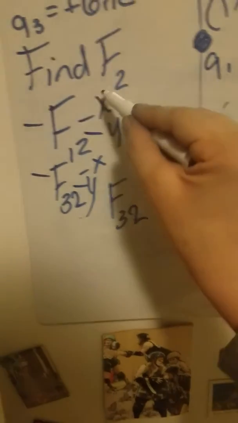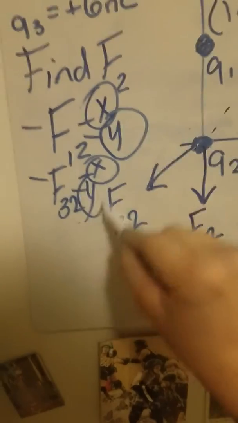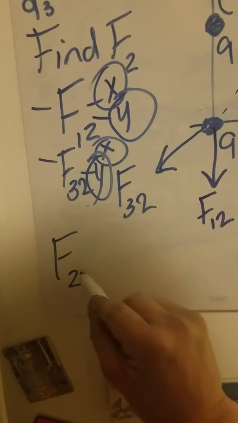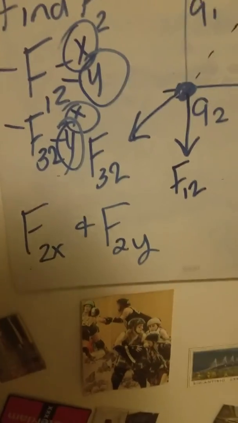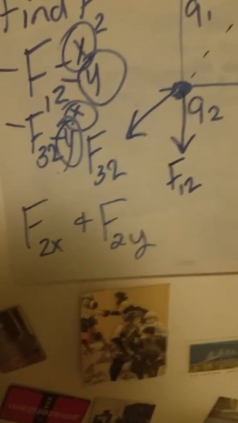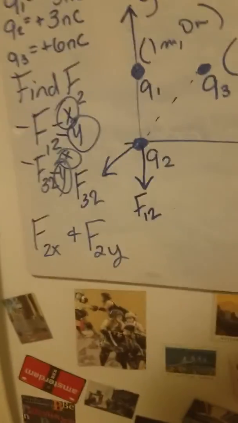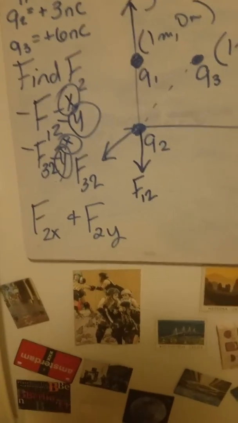Then we can add the x components together, add the y components together, and then that'll lead us to getting F2x and F2y. And then from there, we can get that in magnitude and direction form using trig, using Pythagorean theorem and inverse tangent or something to get our angle. So let's go ahead and do that. If you wanted that hint and now you want to go try to solve the problem, now would be a good time to pause it, see if you can get the answer.